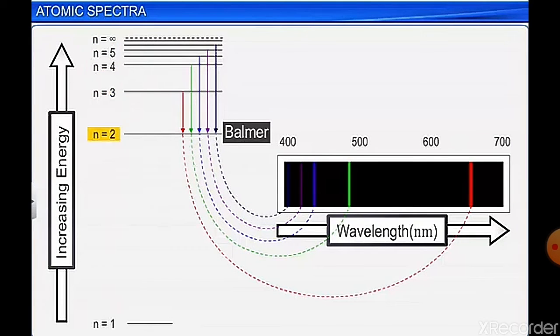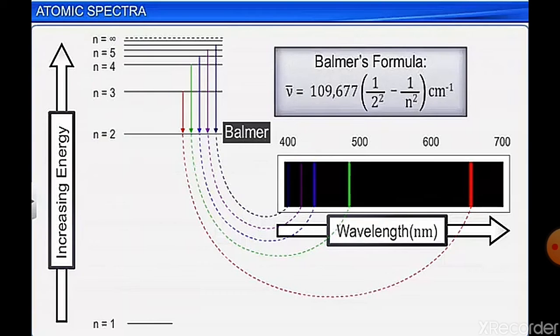There are different colorful lines for the hydrogen atom when it comes to the lower energy level, n equal to 2, and he gave a formula to find the wave number, which is equal to 109677 into 1 upon 2 square minus 1 upon n square centimeter inverse, where 2 square represents the lower energy level where n is equal to 2. In Balmer you can see the lower energy level is 2.